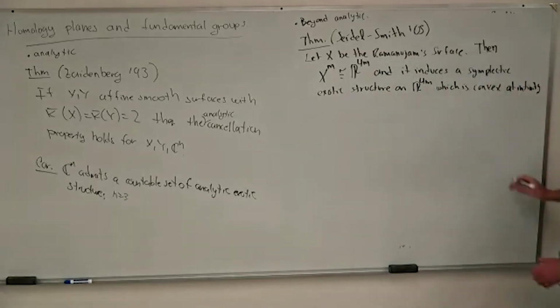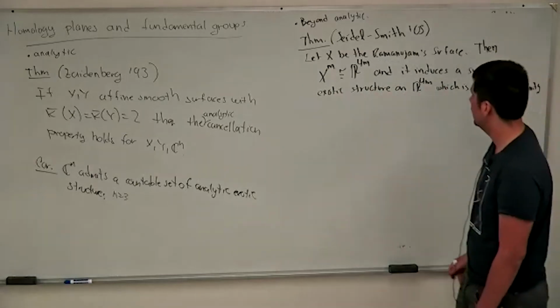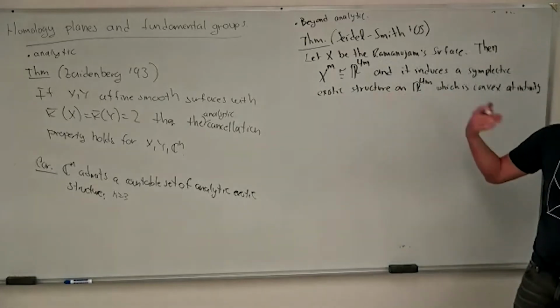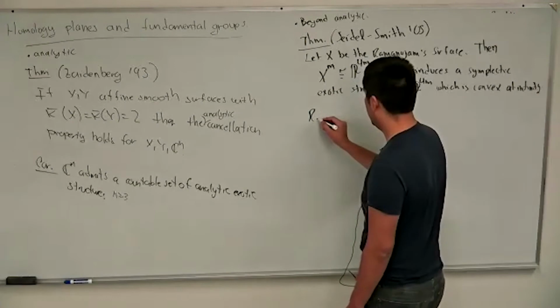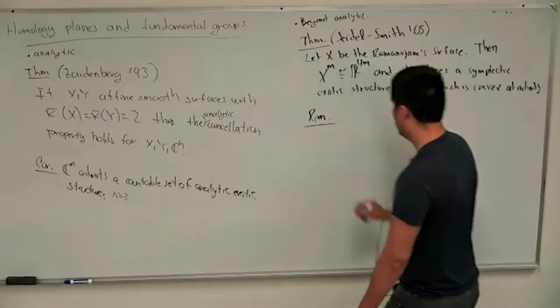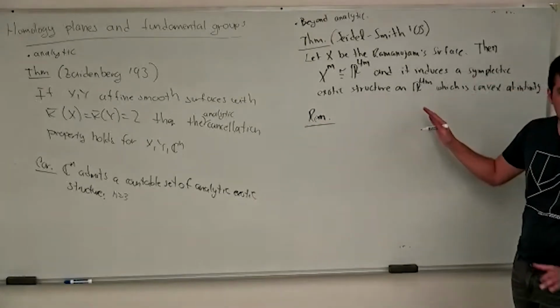So I'm not going into details here. It's not really necessary. But we can still get results from this Ramanujan surface, and then let me give a final remark. By the way, the proof of this is much more complicated.